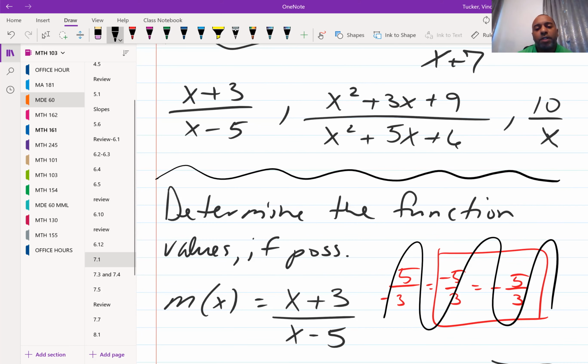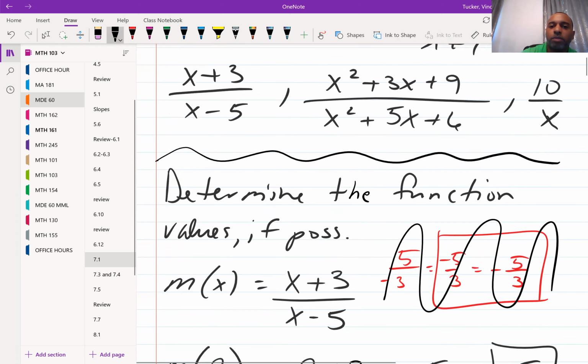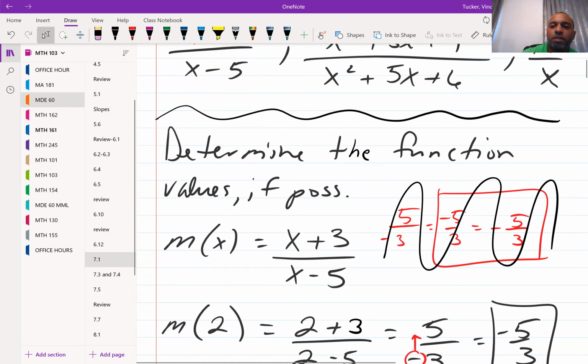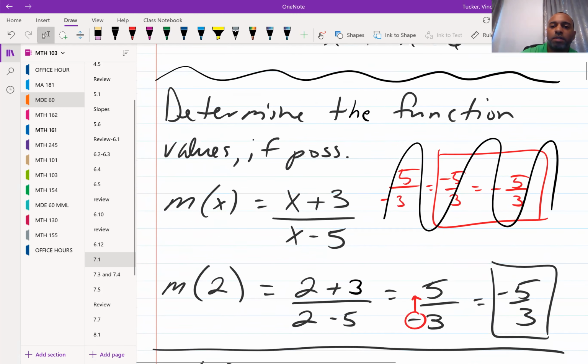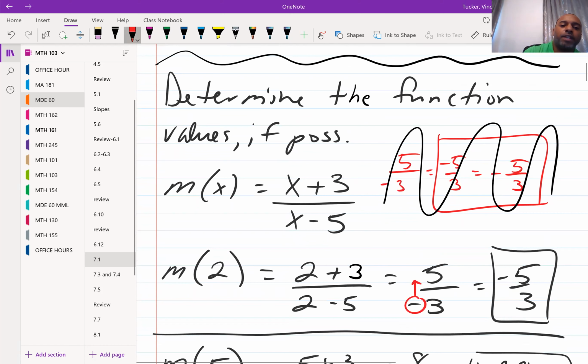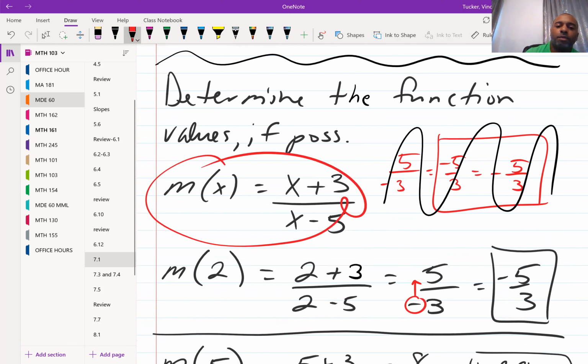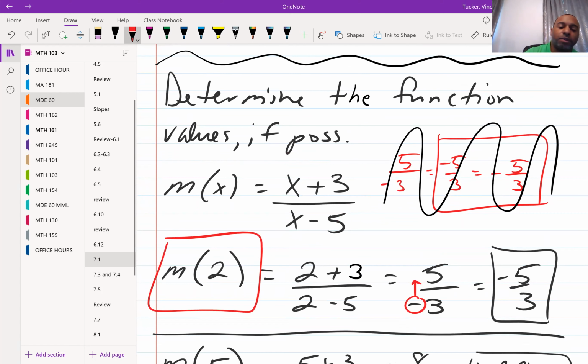So here they give us the function m of x is equal to x plus 3 over x minus 5. Determine the function values if possible. I'll note this up here. They give you m of x is equal to x plus 3 over x minus 5, then they ask you to find m of 2.